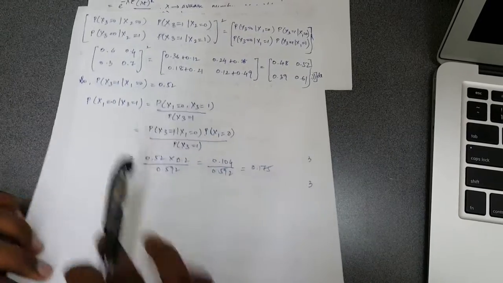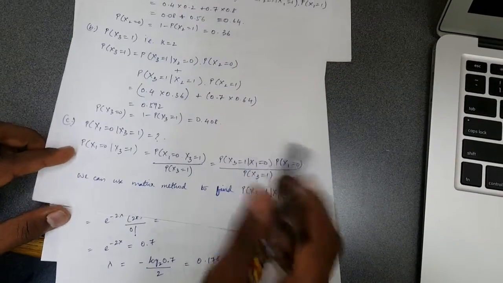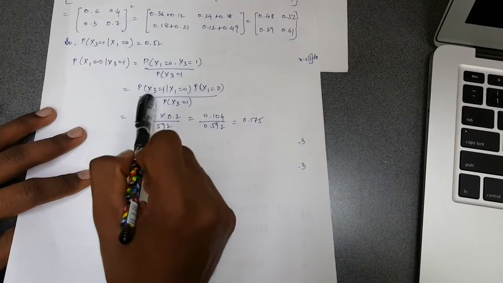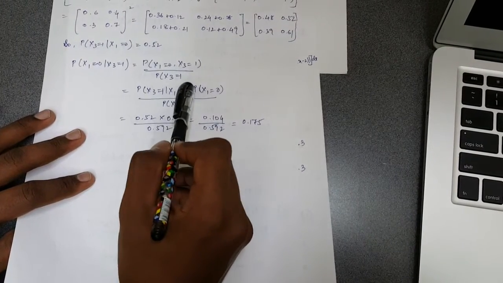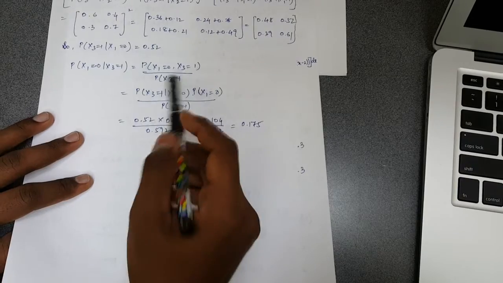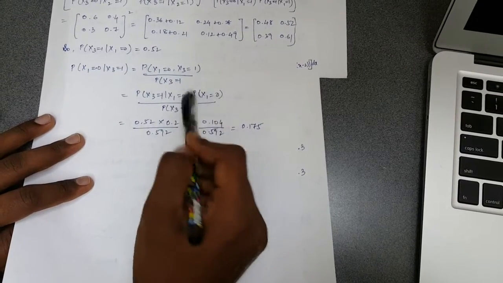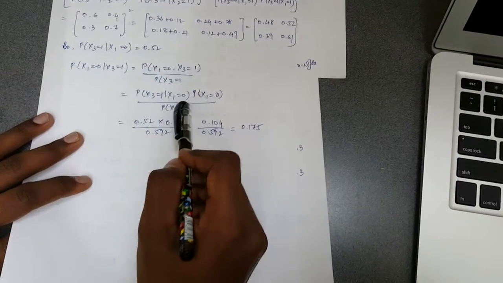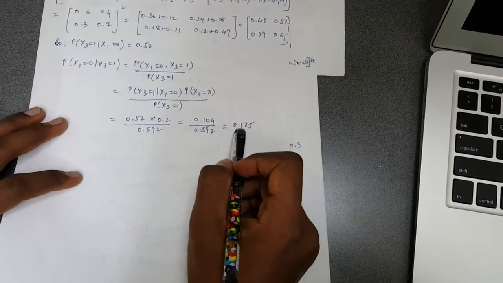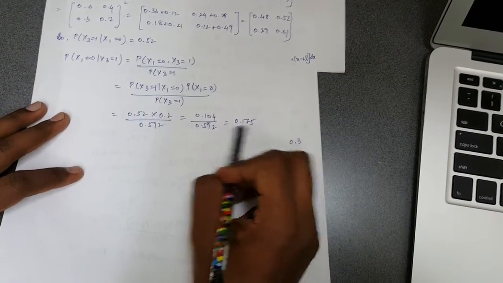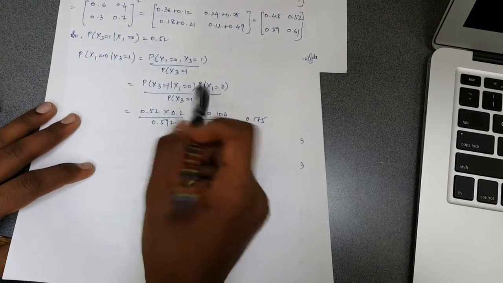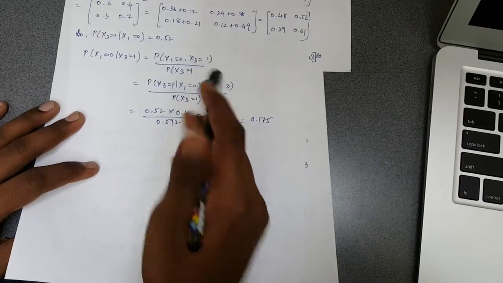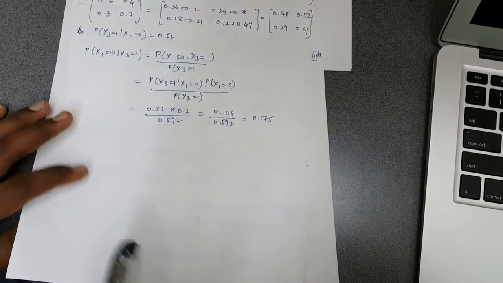So substituting 0.52 in this expression, p of x3 equal to 1 given x1 equal to 0, which we have found out here, and p of x1 equal to 0, which is given in the question, and p of x3 equal to 1, which we found in the previous subdivision, we get the answer to be 0.175. So this is how we find out an unknown from a known by an indirect method. Thank you.